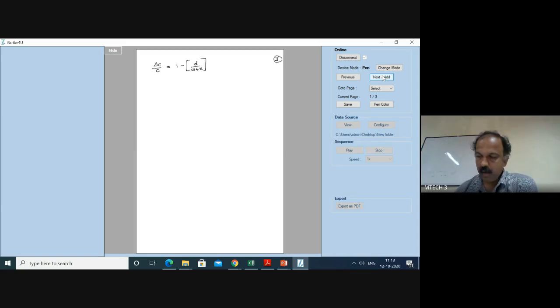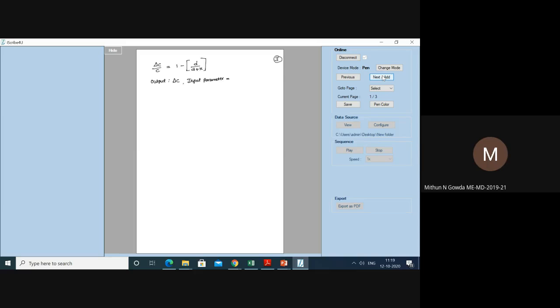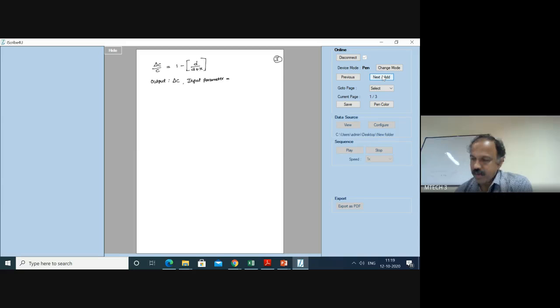Now, what is the output here? The output is the change in capacitance. Correct? What is the input parameter? What have you changed? The distance, which is nothing but X. Yes or no?